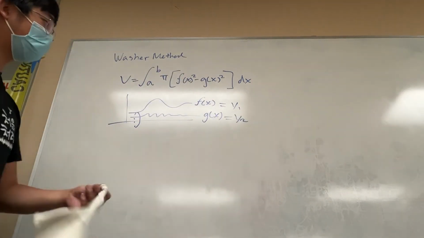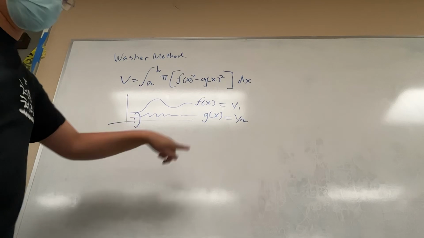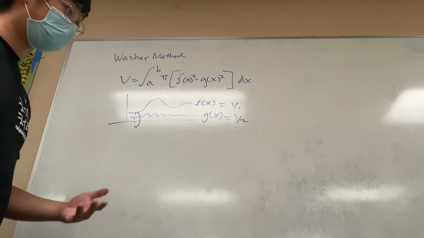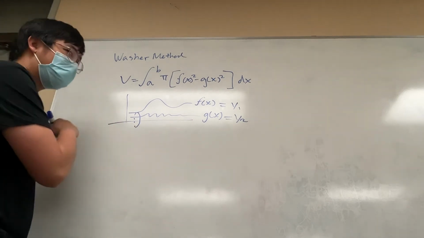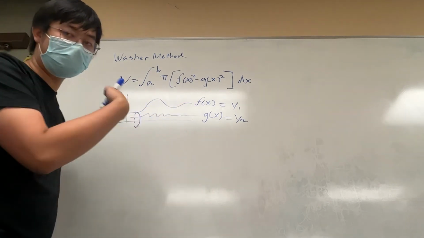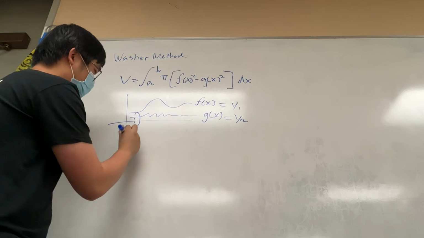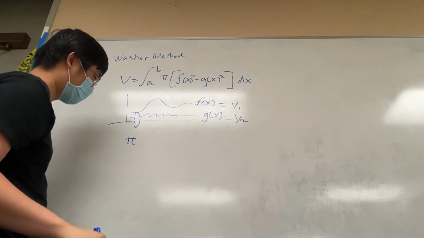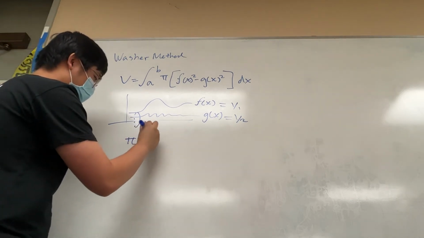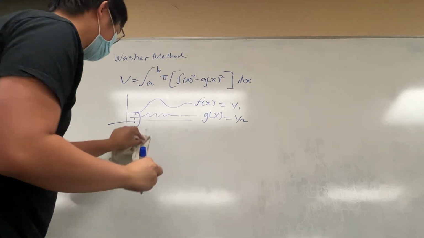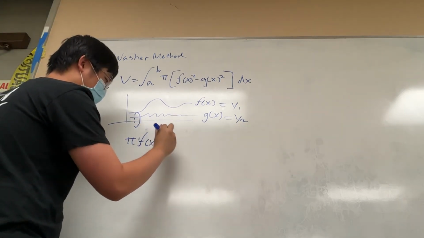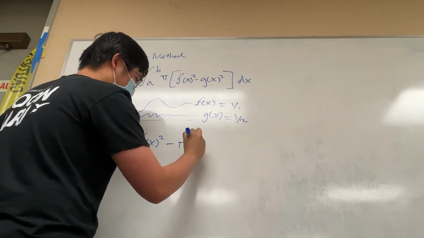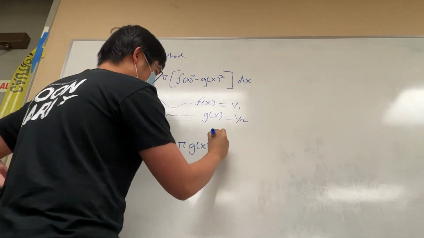So at any given point, we know that a circle will exist there. So by replacing r with our functions, we get the exact same thing: pi r squared, I guess it is, f of x squared minus pi g of x squared.